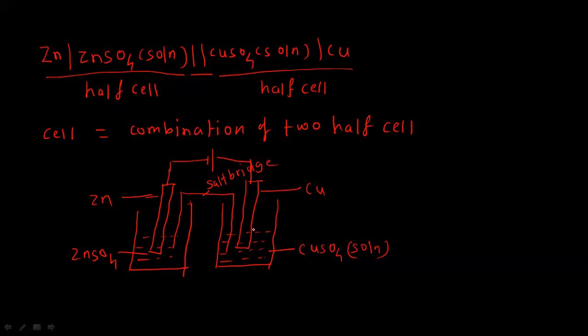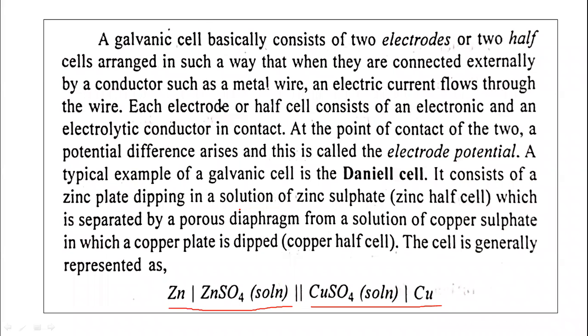There is a flow of current, and due to this, electricity is generated. Therefore, we can say that in a galvanic cell, the chemical energy is converted into electrical energy.